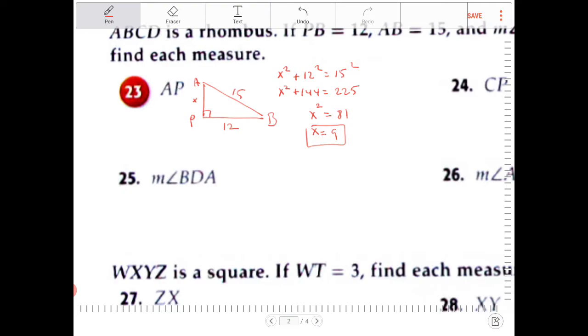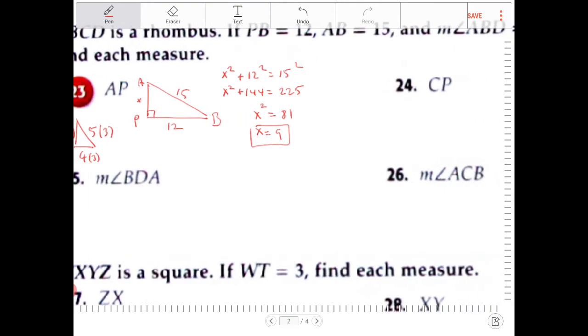How did I know that? Well, that's because 12 and 15 have a common factor of 3, so this is inherently a 3, 4, 5 triangle. If I multiply this side by 3 and this side by 3, the third side I must also multiply by 3. That's another way of thinking about it.